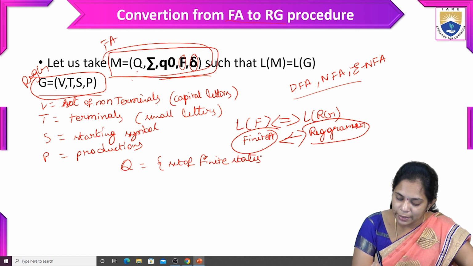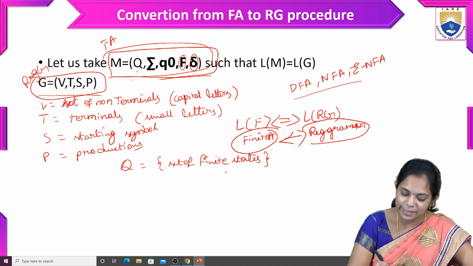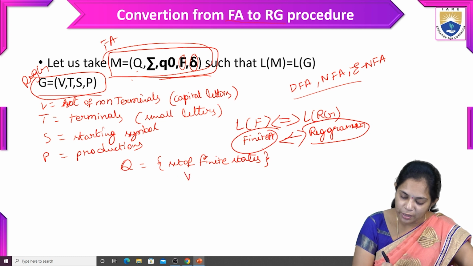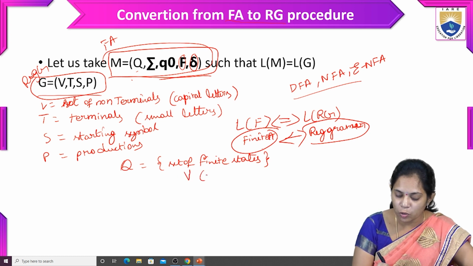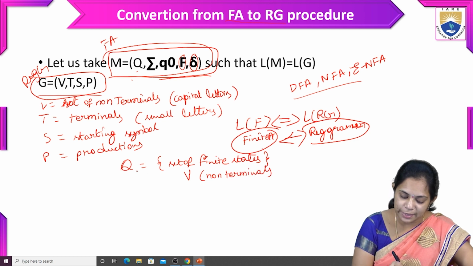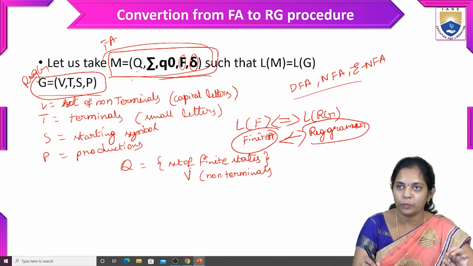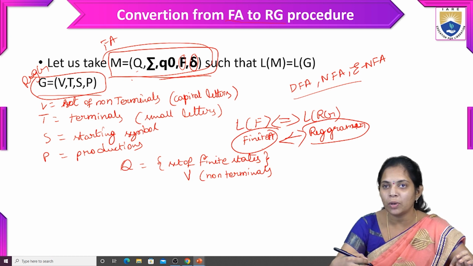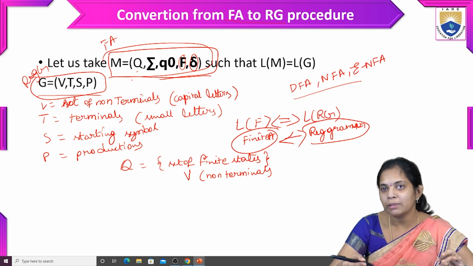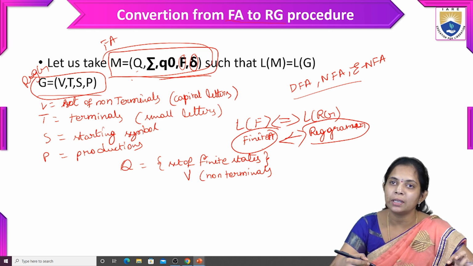This set of finite states is equal to V, which has the non-terminals, so Q is equal to V. We have to compare both, because we are converting the finite automata into a regular grammar.